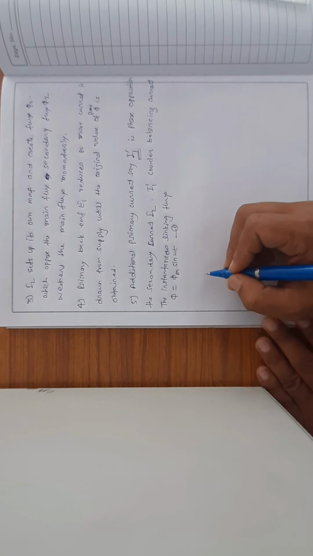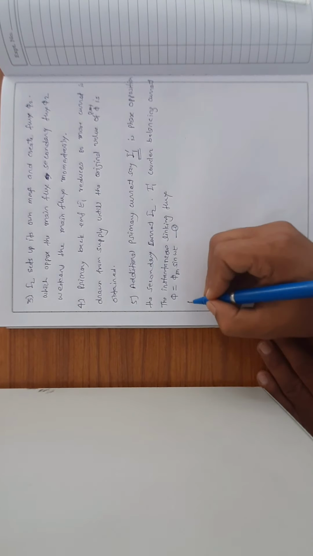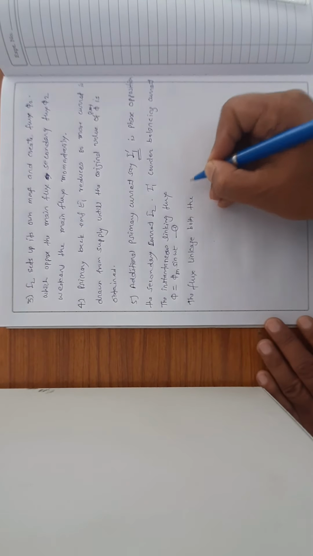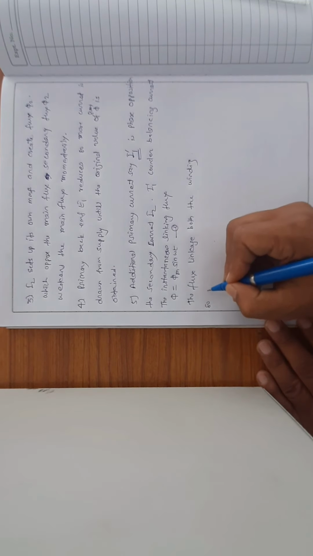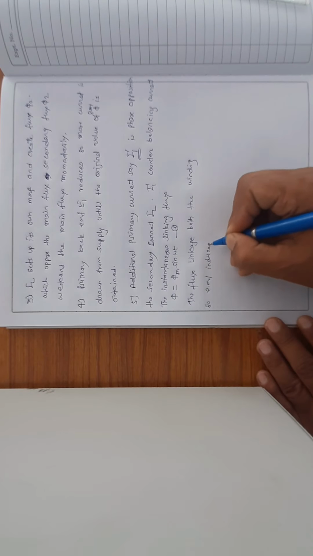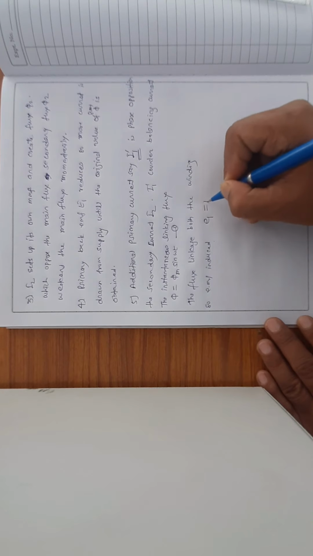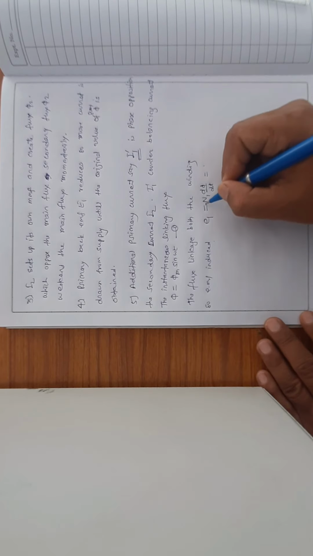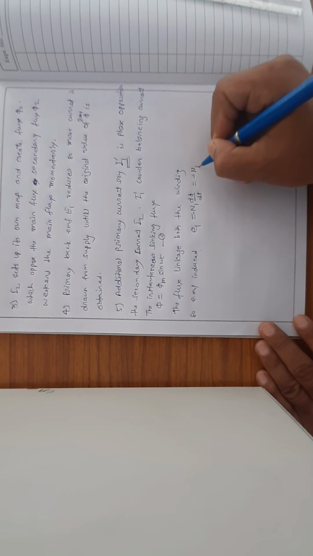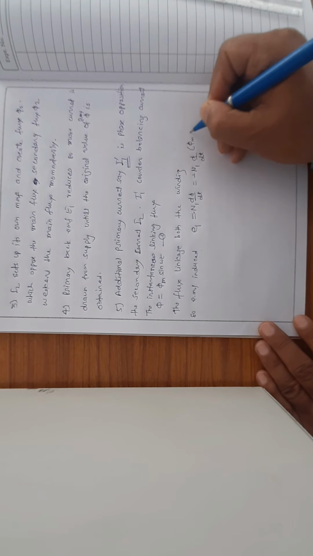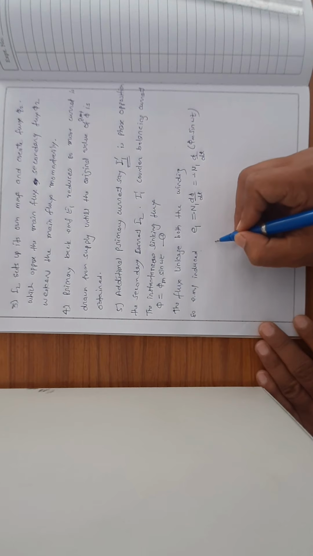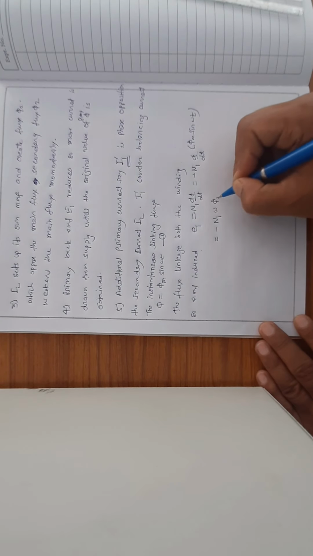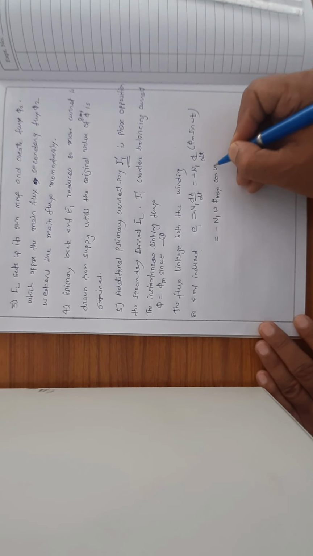The flux links both the windings, so the EMF induced in the primary winding, called E1, equals minus N1 d phi over dt, equal to minus N1 d upon dt of phi max sin omega t, equal to minus N1 omega phi max cos omega t.